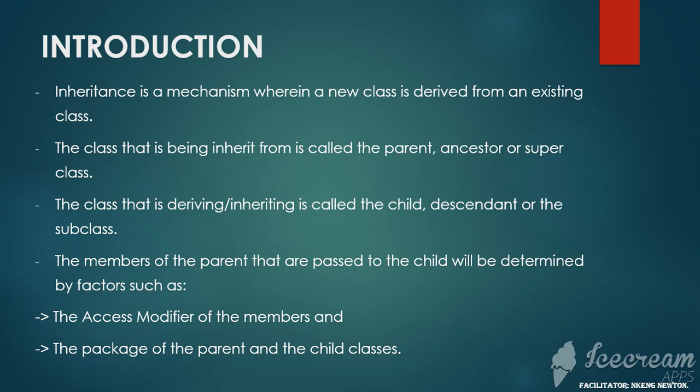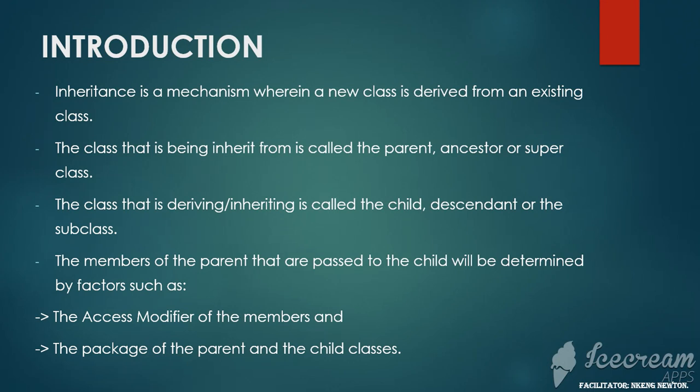There are some factors that we need to know when dealing with inheritance. The factors that determine the members that are inherited from the parent class are two of them. First of all, the access modifier of that member will determine whether it will be inherited by the subclass or not. And then we also have the package to which both the parent and the child class belong.